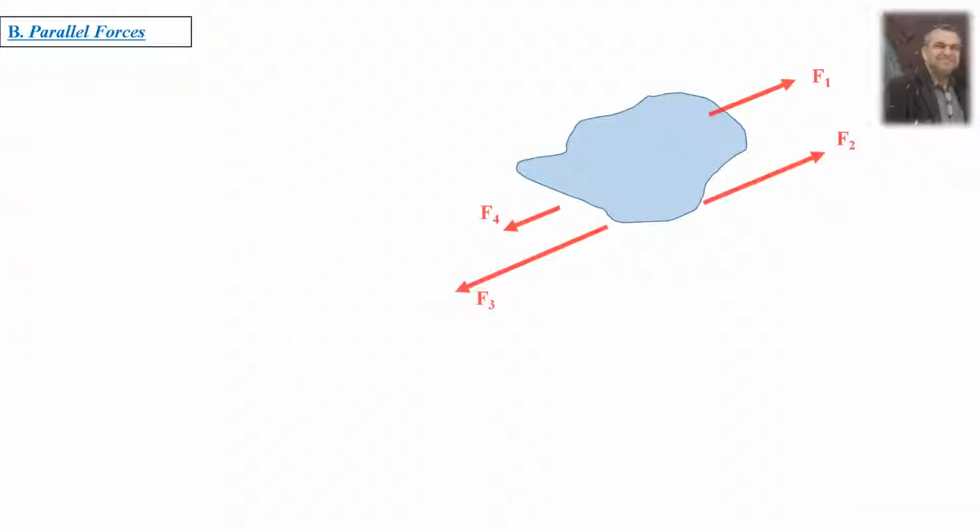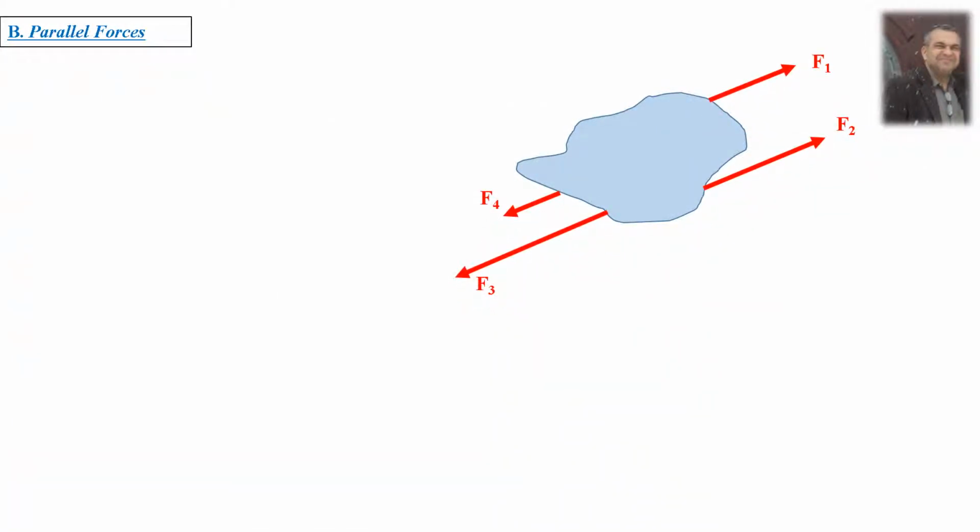Now the next possibility: parallel forces. We assume we still have four forces, and those four forces are acting in parallel, like this. This is just an arbitrary one, so you can draw another one in which all the forces are like this. But now the question is whether we achieve equilibrium or not.